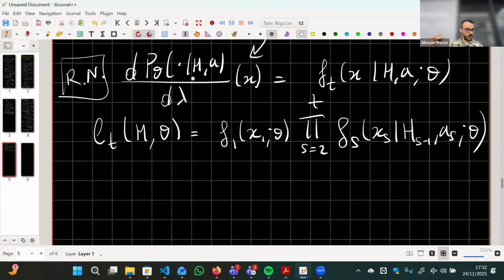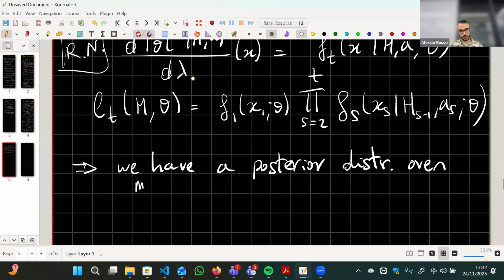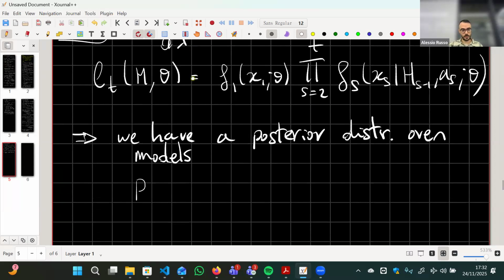So I will not go through the details, but because this log likelihood ratio exists, you can also show that the posterior distribution exists. We have a posterior distribution over models, and we are going to call it R_t: the probability that theta belongs to some set M given some trajectory H_t.